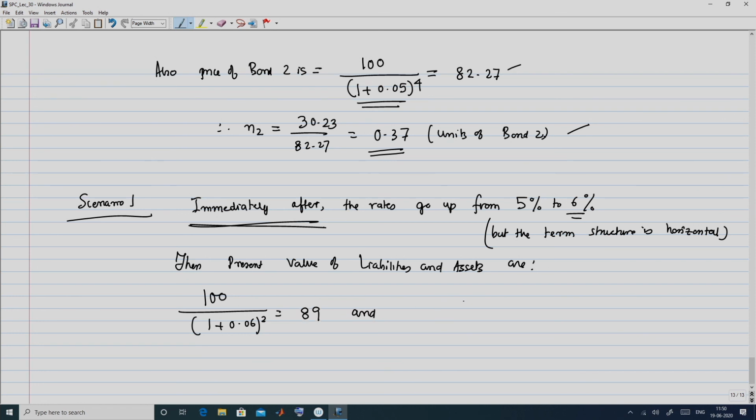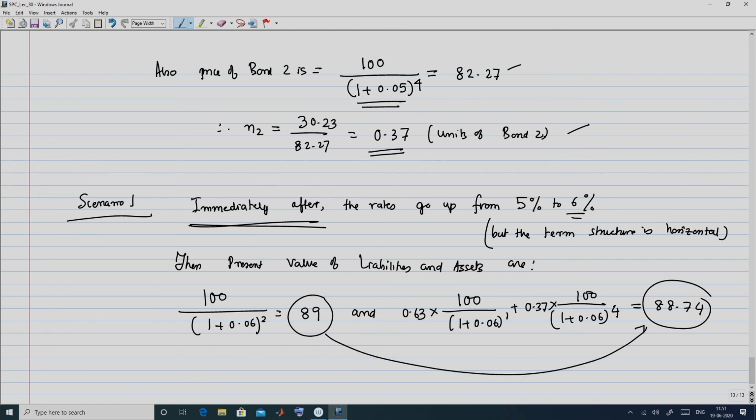And in the second case, what is going to be the present value of the assets, bond 1 and bond 2? It is going to be 100 divided by 1 plus 0.06 raised to 1, and 100 divided by 1 plus 0.06 raised to 4, multiplied by the respective units, which are 0.63 and 0.37, and we add this up and this turns out to be 88.74, and these two numbers match approximately.